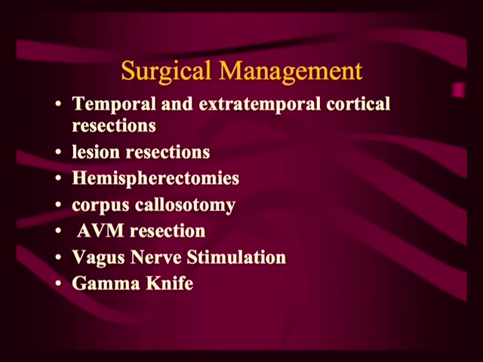AVM is arteriovenous malformation. If there is a tumor in the brain or AVM, they have to be resected. Vagus nerve stimulation is a new entity we have come up with. The stimulator, just like deep brain stimulator, this stimulator goes into the vagus nerve.